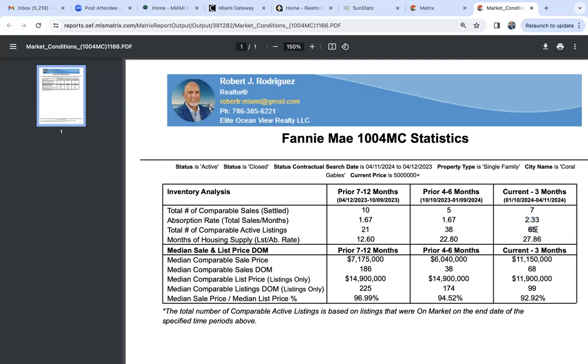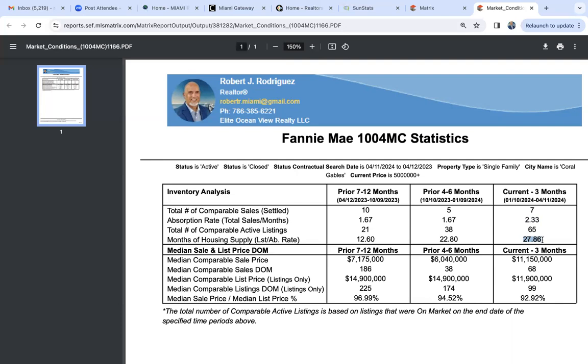We have 65 active listings. So at a pace of 2.3 sales per month, it's going to take us more than 2 years to clean all of our inventory. That's what months of housing supply means, right?